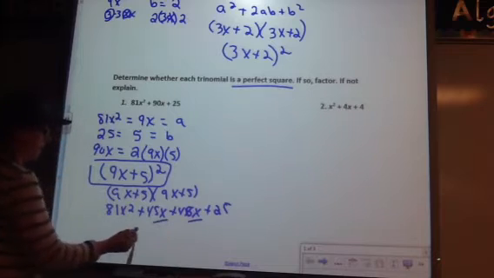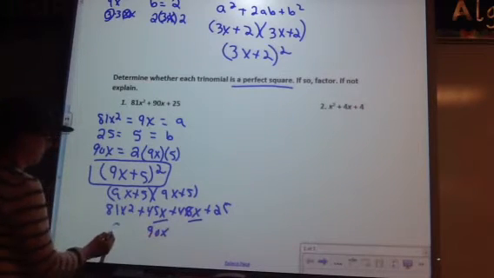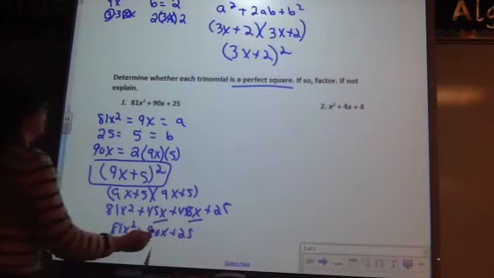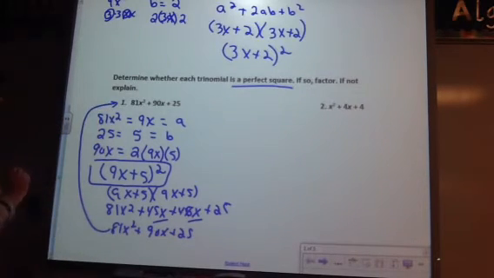When we simplify that, we get 90x. And it is equivalent to this. Okay, let's do another one here.